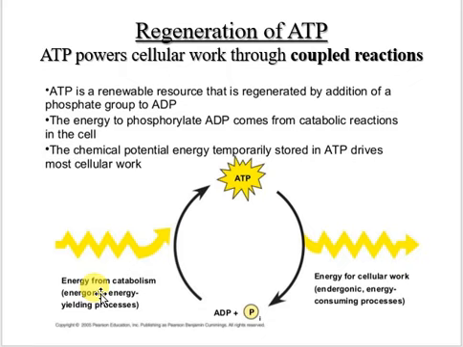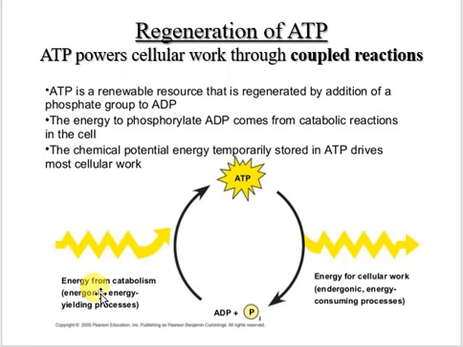So by using energy that comes from these catabolic reactions, it prevents the cell from having an energy deficit, right? It prevents the cell's own energy from having to be used. Again, it's more energetically efficient.